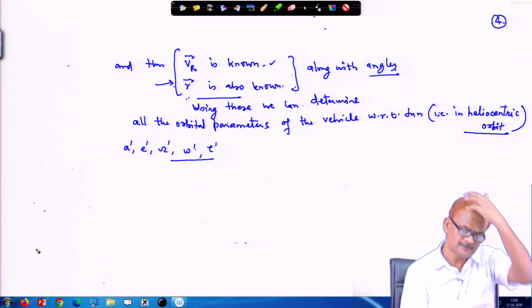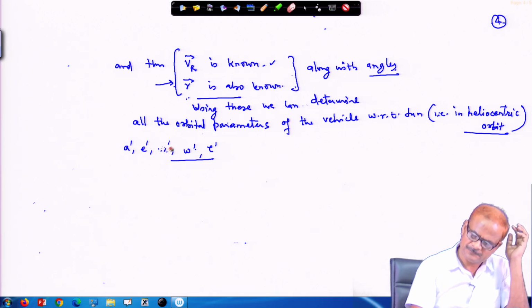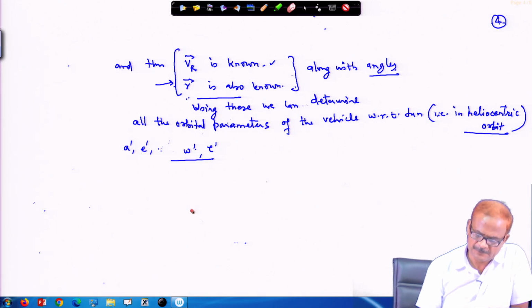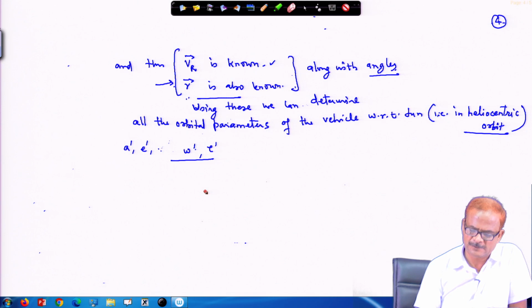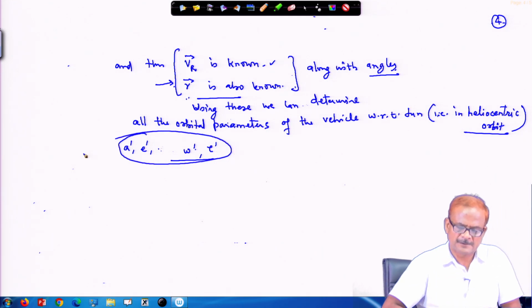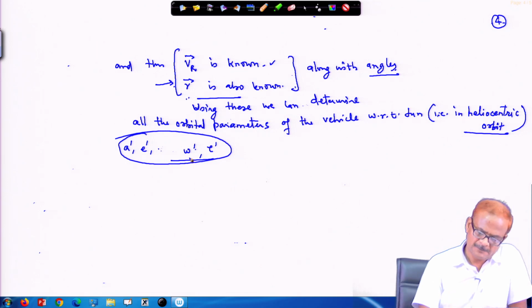And this is what we are looking for. Capital omega is not required here, this is not of concern to us, because we are looking into the planar motion. Unless we refer to the inclination and capital omega, those are out of plane orbit parameters. So, those are not of interest to us. Only these 4 parameters are of interest: A prime, E prime, small omega prime, and tau prime.